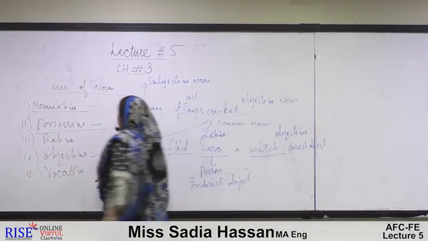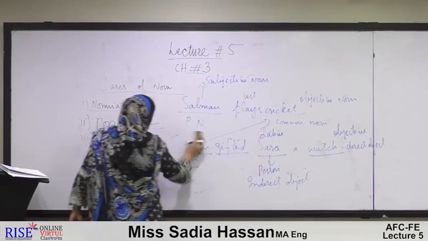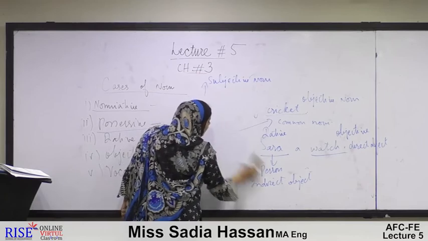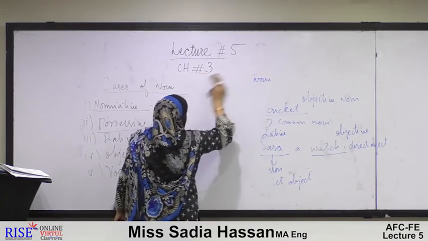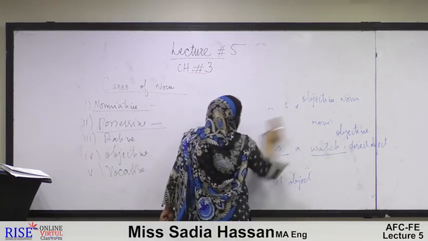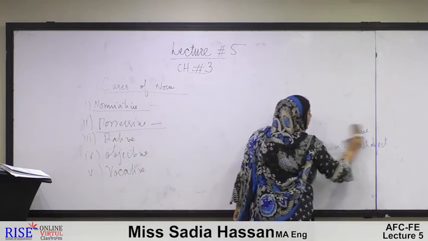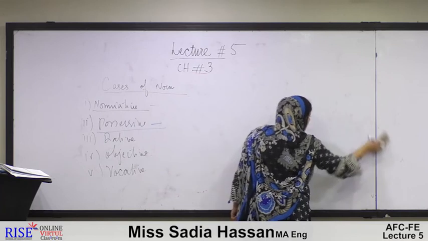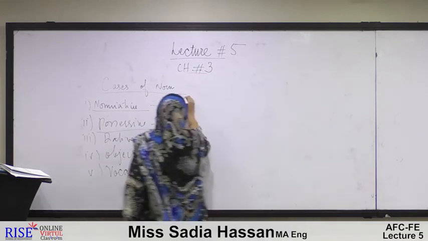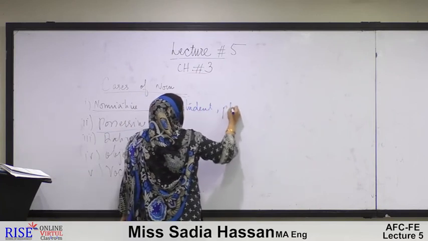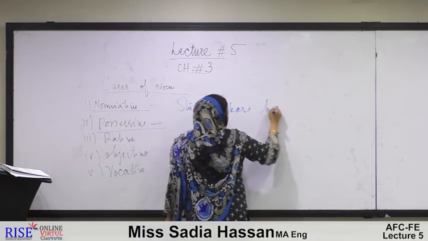We are left with the last case of a noun, that is called vocative. The word is related to vocals, that which comes out from the voice. If I call any noun by its name, that is called vocative case. If I ask you, students, please be quiet.